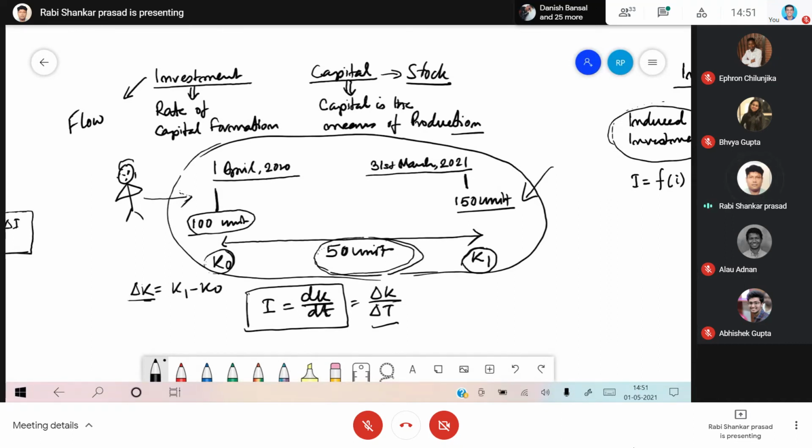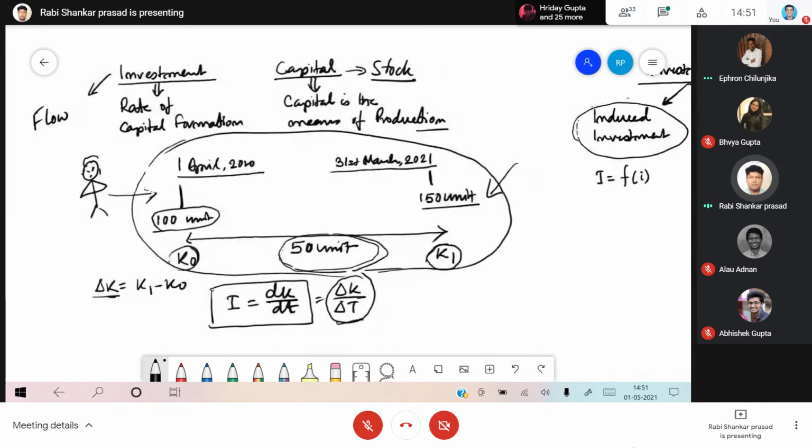So dK means change in capital during a time period, which you can also write in this format, delta K upon delta T. Now tell me, is the investment concept clear or not? It is clear, sir. Thank you.